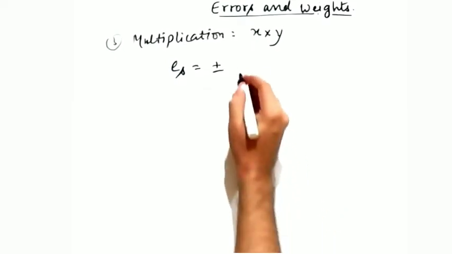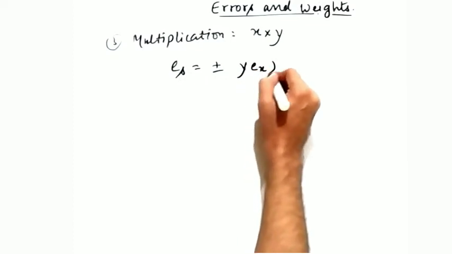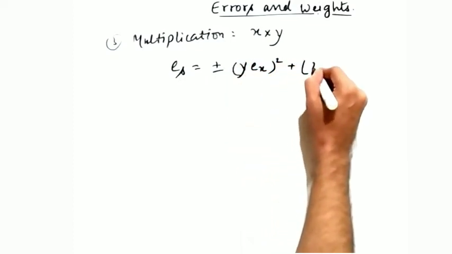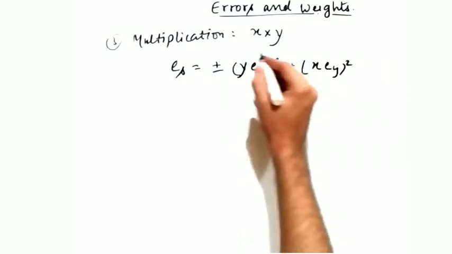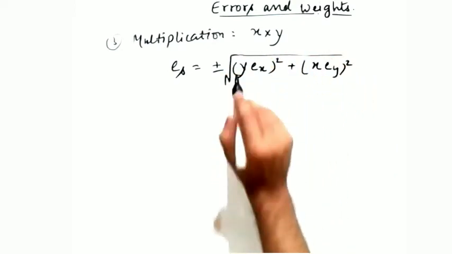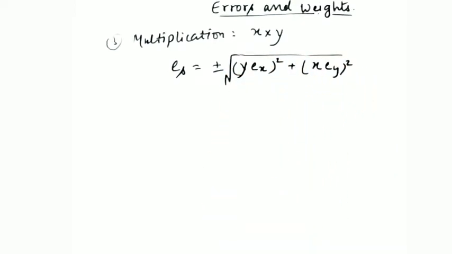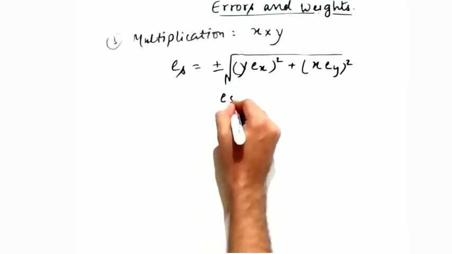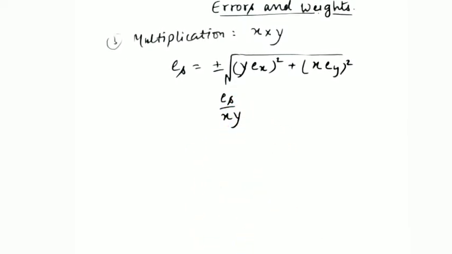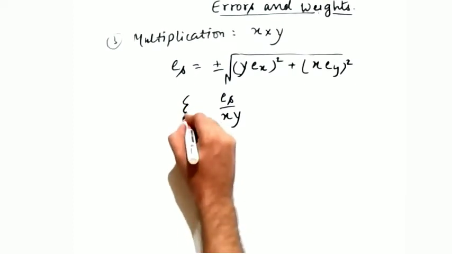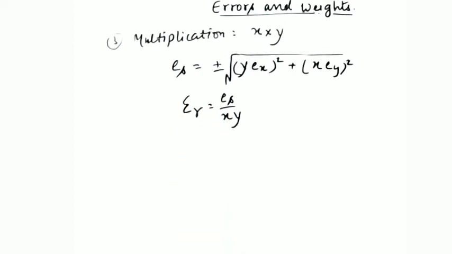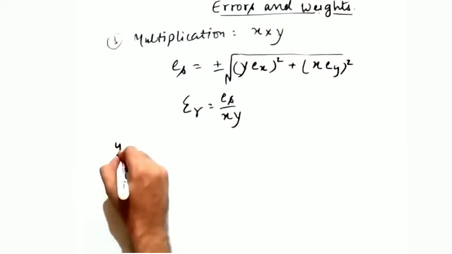So it will be calculated by the square root of y times EX square plus x times EY square. So this is how you calculate the probable error in case of multiplication. Again the error ratio will be equal to ES divided by x times y. So it is simple. Let us denote it as ER. This is error ratio.